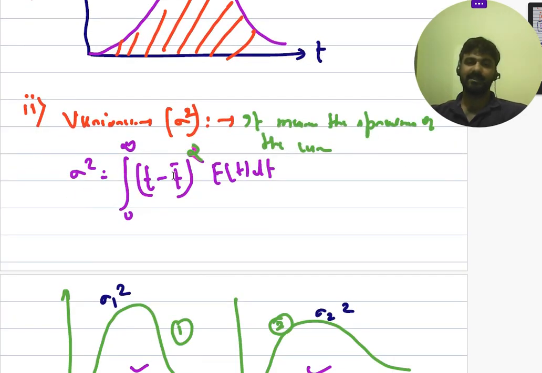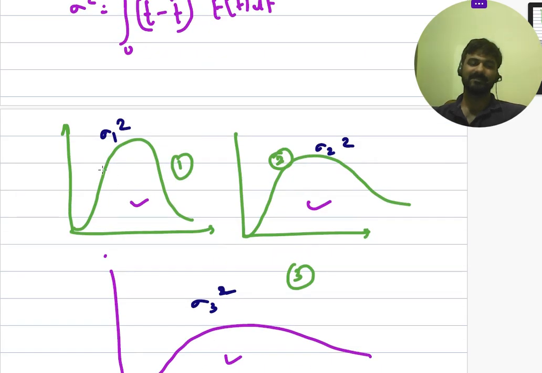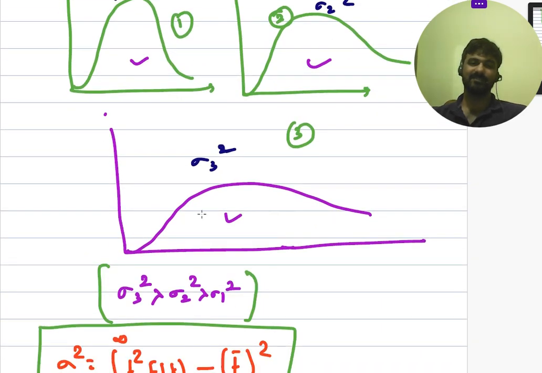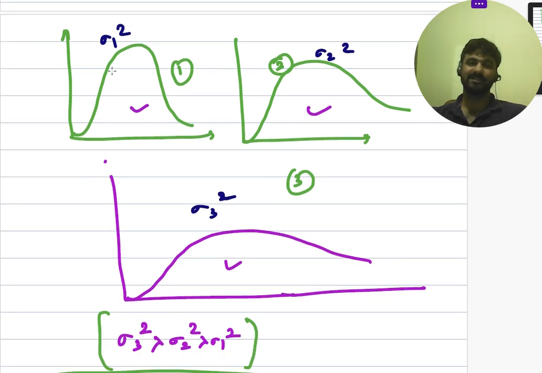And now coming to the variance. Variance measures the spread of the curve, right? That is, how much deviation there is from the mean. So sigma square is called the variance, and it is defined as the integral from 0 to infinity of (t minus t bar) whole square E(t) dt. Let's say this one is sigma 1 square, this is sigma 2 square, and this one is sigma 3 square. In sigma 1 square, the spread is very small compared to the second and the third.